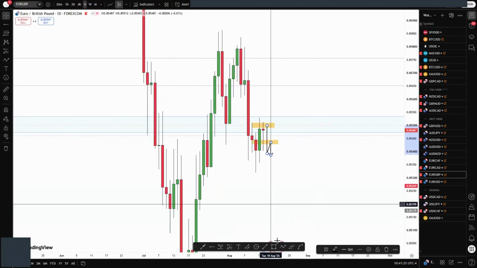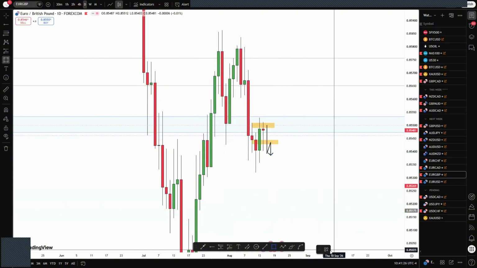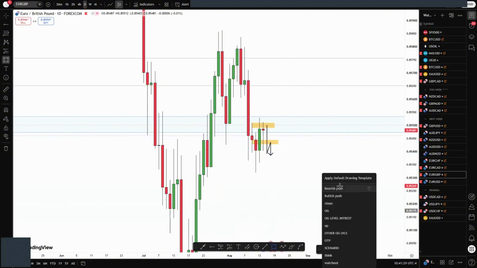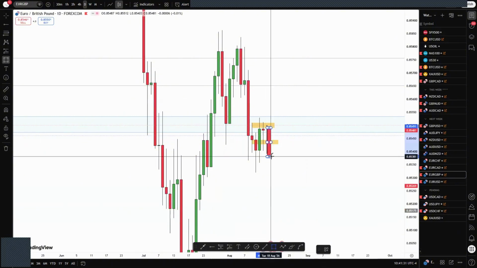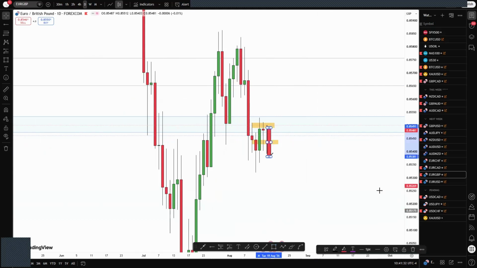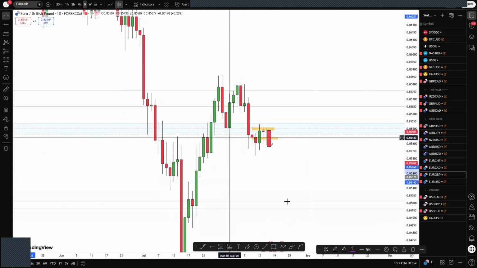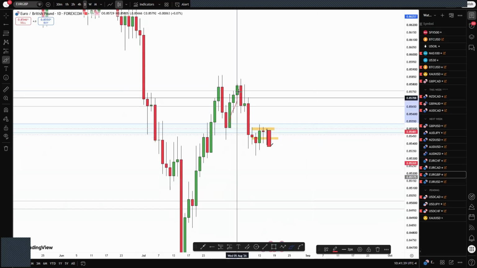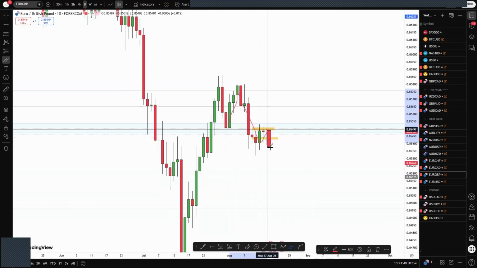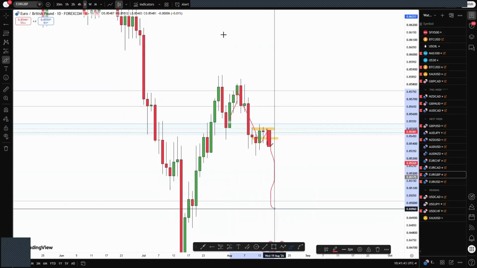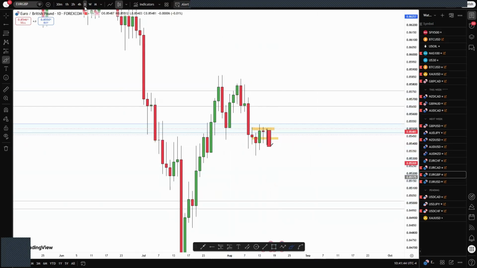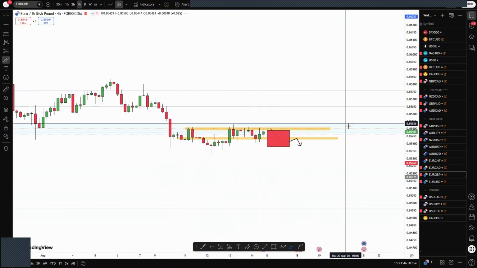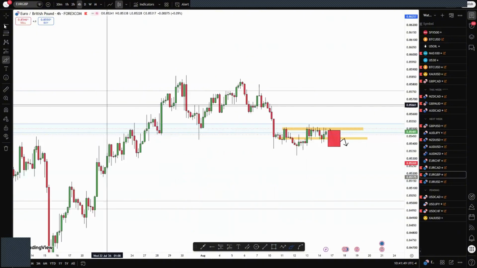You have the daily giving us a bearish push of this sort. And if we can have this sort of setup where price shifts, we test, and go, price will go. So that's the analysis. We'll be looking for sells.